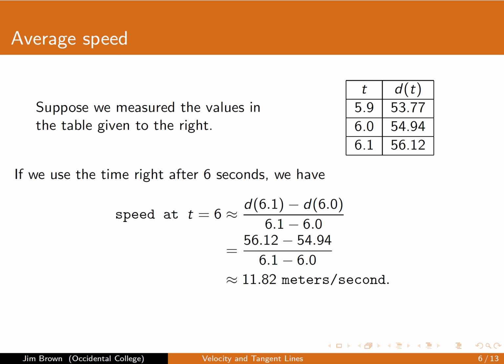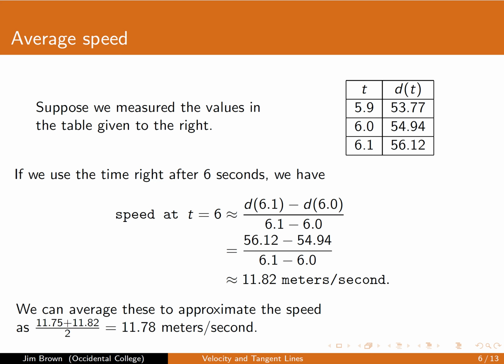If we want a better estimate, we can average the two answers we got. If we average 11.75 and 11.82, we get about 11.78 meters per second as our estimate for Usain Bolt's speed after 6 seconds of the race. Now, if we want to improve this estimate, we would take a better measurement.